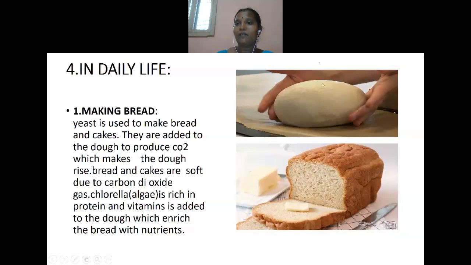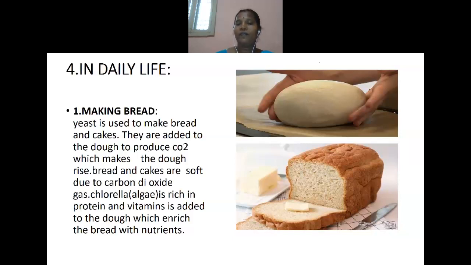Along with the flour they use the yeast, and then they keep it for 4 to 5 hours. After 4 to 5 hours, we can see it will be very soft and fluffy.